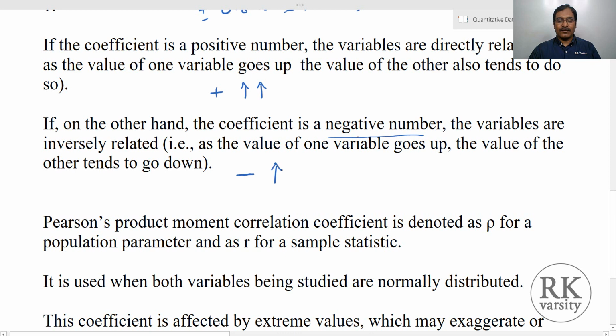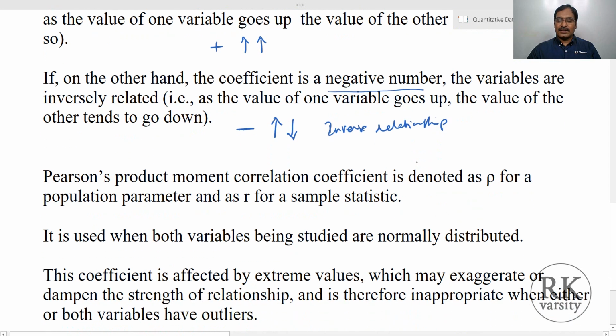That means if one variable moves upward, the other variable moves downward. We call this an inverse relationship. Now any correlation which is less than or equivalent to plus or minus 0.30, we call a weak correlation. And correlation ranging between plus or minus 0.4 to plus or minus 0.80, we can call a moderate correlation.